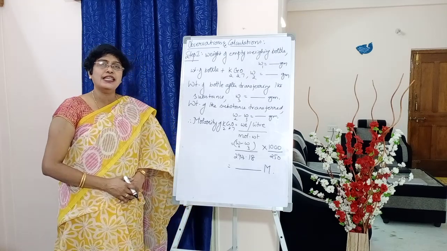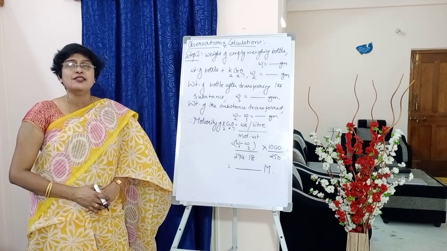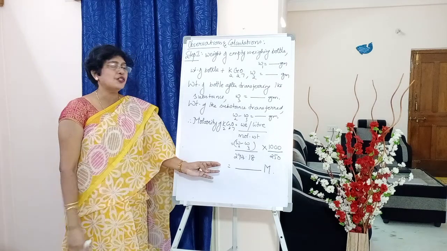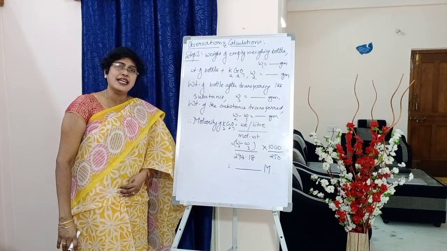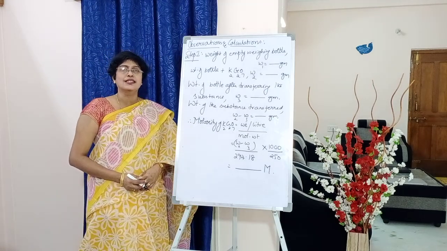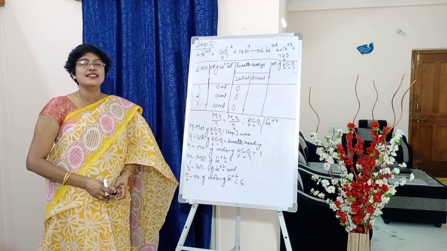So why are we taking 1000 by 250, students? Because we are preparing the solution in a 250 ml flask. Substituting the values, and after calculation we get the molarity of K2Cr2O7.